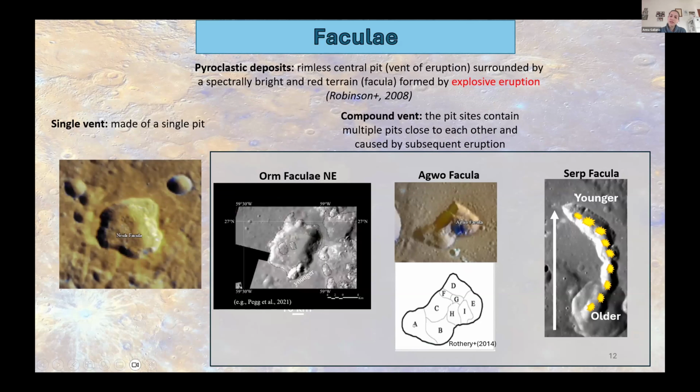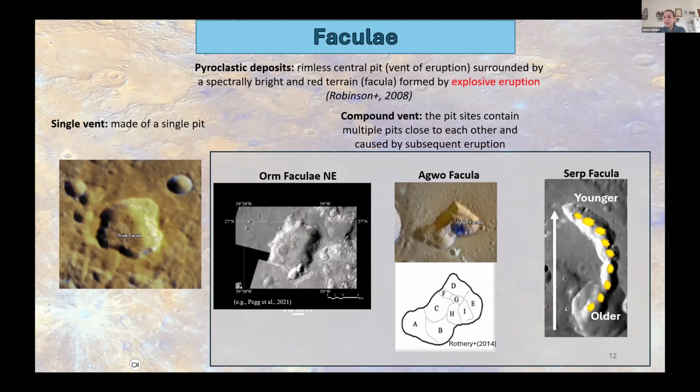So the older ones are A, B, C, and then going to H and I, which are the youngest ones, which are also spectrally different with respect to the other vents. And it seems here that these youngest vents probably excavated a compositionally different material.